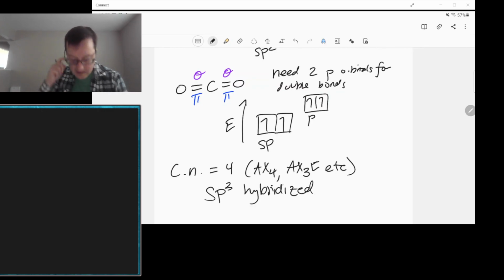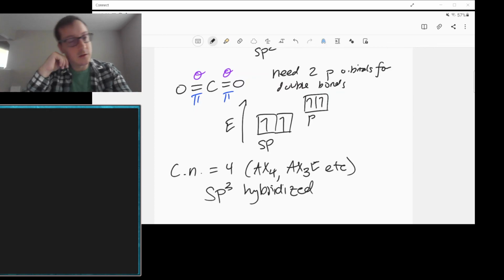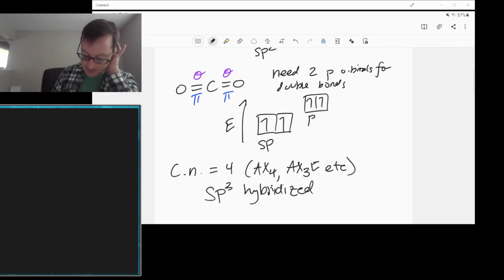Anything that is AX4 is sp3 hybridized. Ammonia, water, methane, carbon tetrachloride, sulfate. All of these things are sp3 hybridized. Sulfate's a bad example. Let's not use sulfate. Ammonium. All of these things, sp3 hybridized.